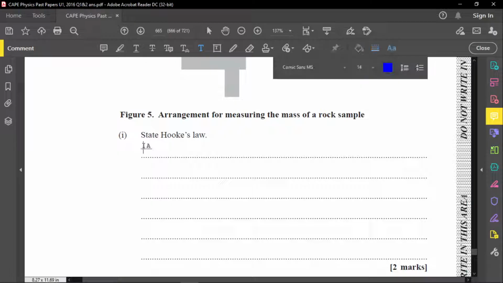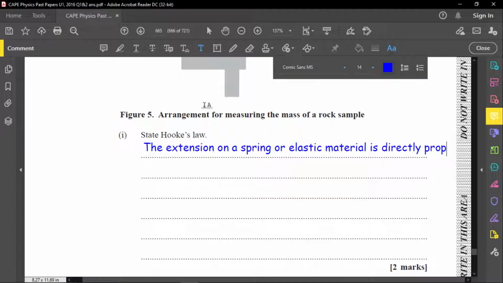And so Hooke's law states that the extension on a spring, or elastic material, is directly proportional. This is very important to say, directly proportional to the applied force.